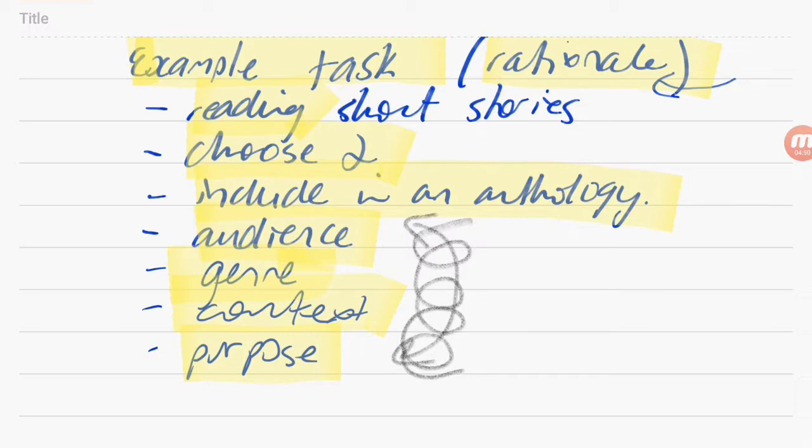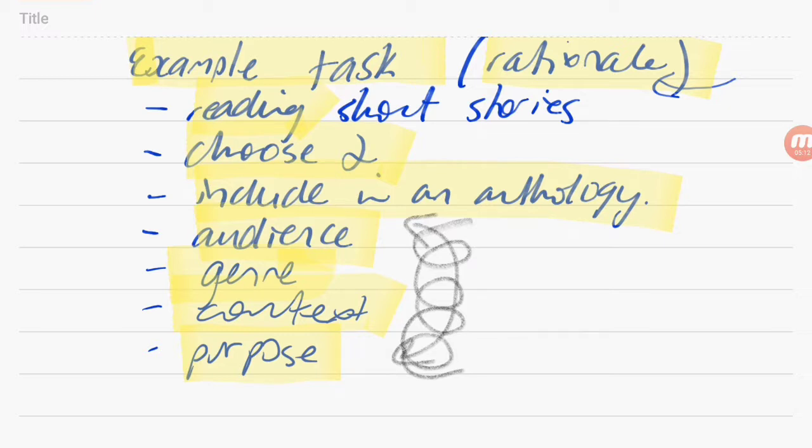I mean, it could actually be the student choosing to be themselves and writing for their own age group. There are lots of ways. It might be a doctor wanting to create an anthology and explain why he wants these particular stories in an anthology for his medical practice.